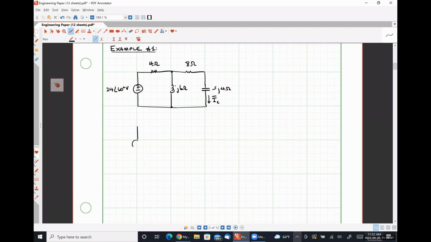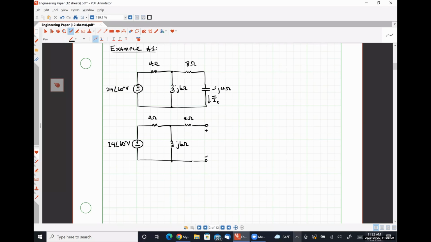All right, so with the capacitor removed, we have the following circuit: 24 angle 60 degrees volts connected to a 4 ohm resistor, a J6 ohm inductor, an 8 ohm resistor, and then our capacitor is removed, leaving behind a pair of terminals.